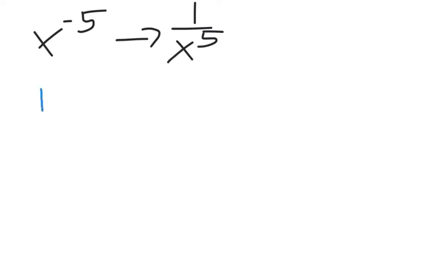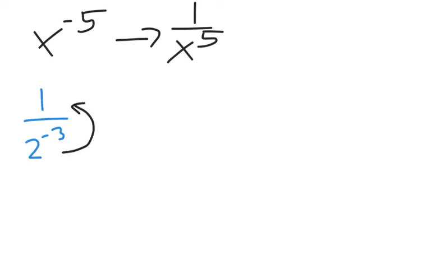Right, if I had 1 over 2 to the negative third, now my power is in the denominator. Everybody see that? So how can I change the power so it's no longer negative?